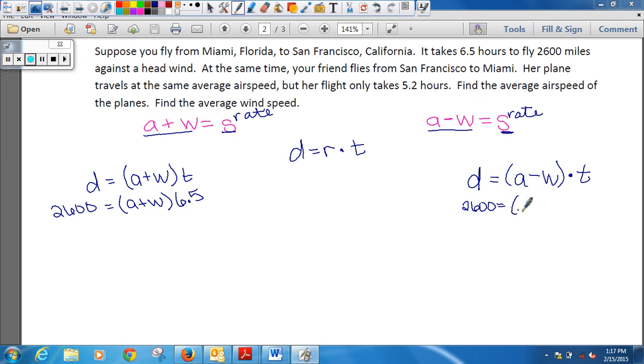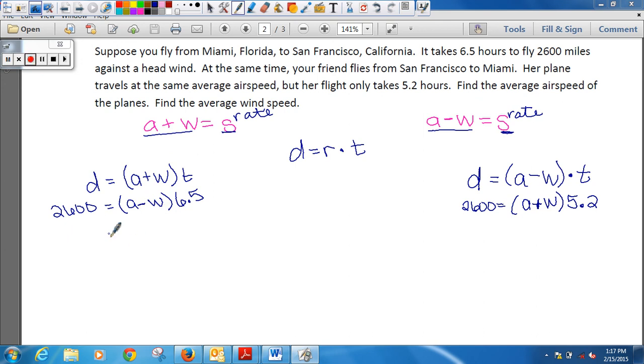And over here, the air minus the wind is going to be times 5.2. And I believe I have those signs mixed up, so let me fix that. The air plus the wind, if the wind's helping them, that means they will travel faster. And that one over here should be minus.